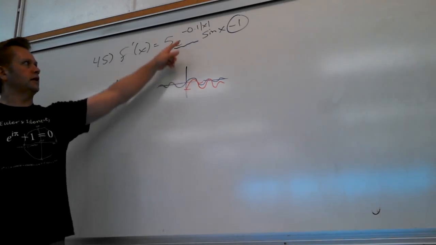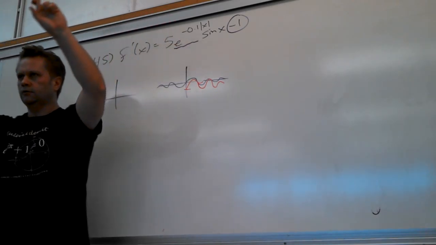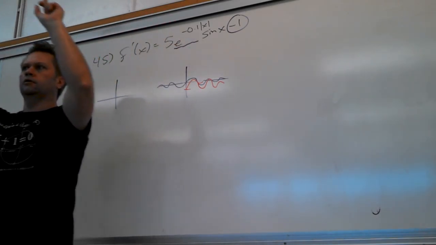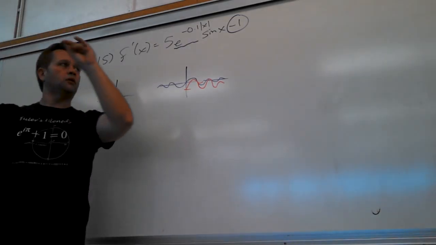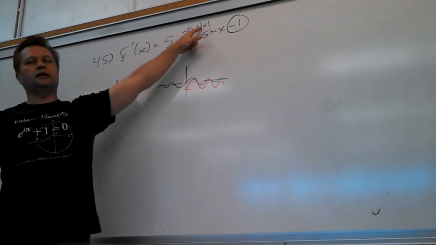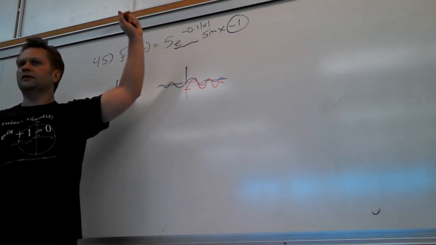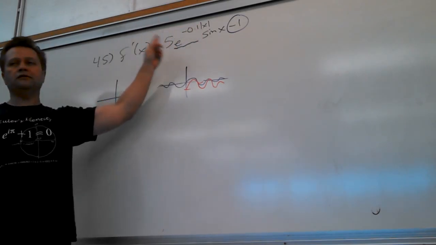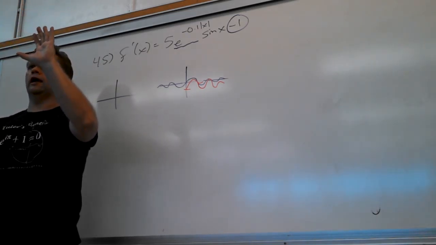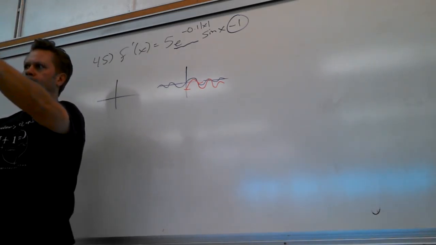So at 0, what's the amplitude? You plug a 0 in, and you get e to the 0 is 1 times 5? 5. So the amplitude, not the function value, the amplitude at 0 is 5.